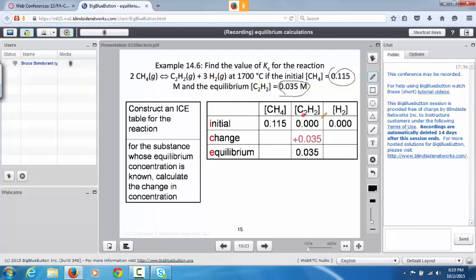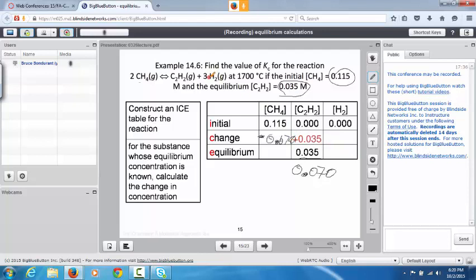So we can figure that. If I have 0.115 to start out with, we have no C2H2, no H2. Now we're adding 0.035 to that. Notice we have two of the CH4s making one C2H2, so twice this much will have had to be consumed, which means that 0.070 is being consumed. So this has to be negative 0.070.